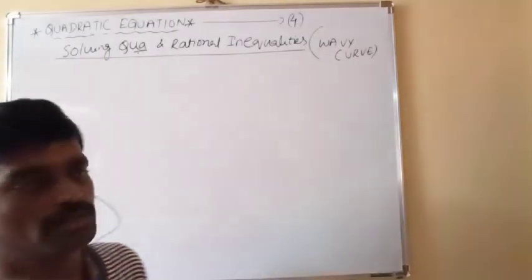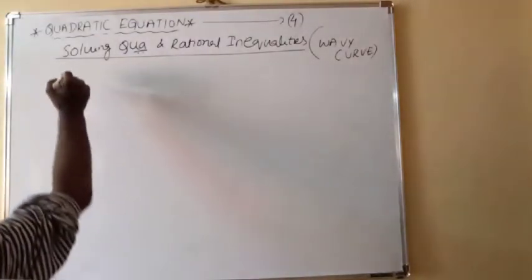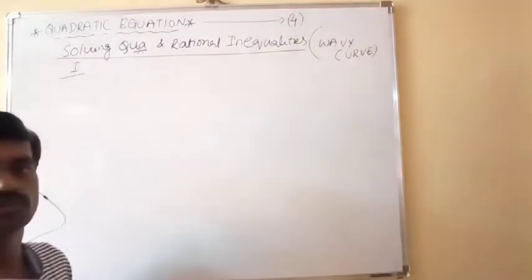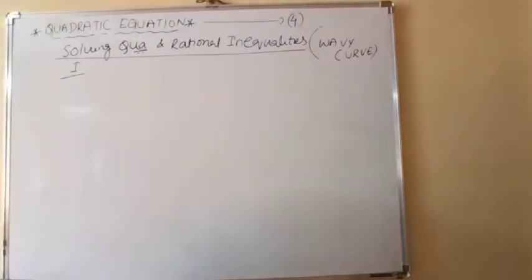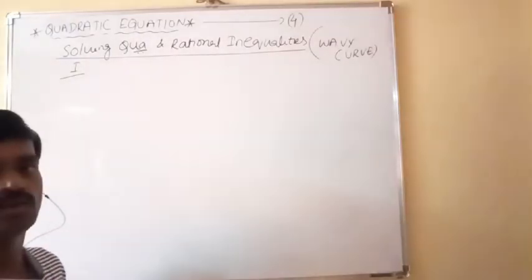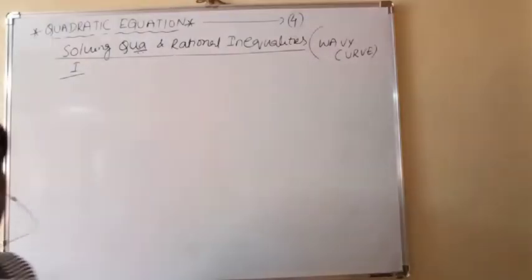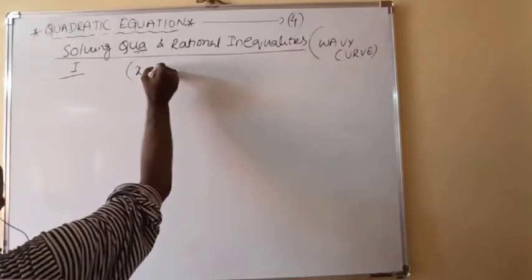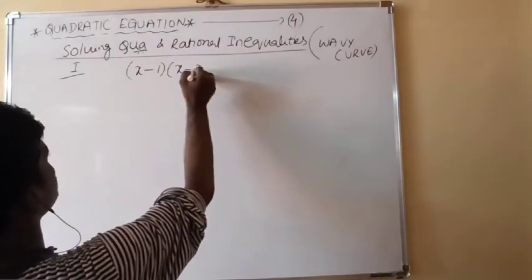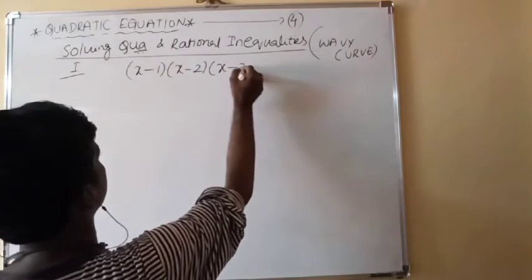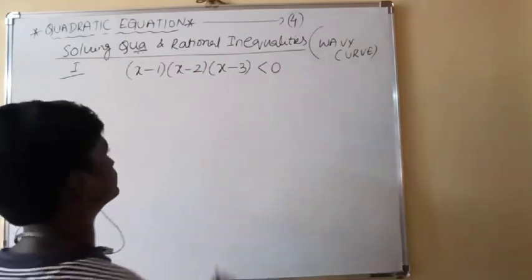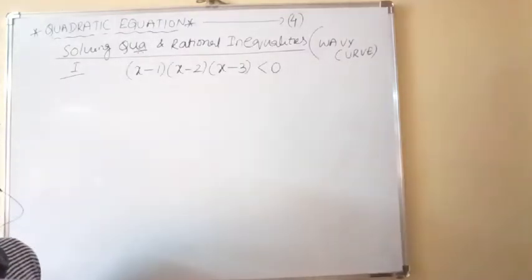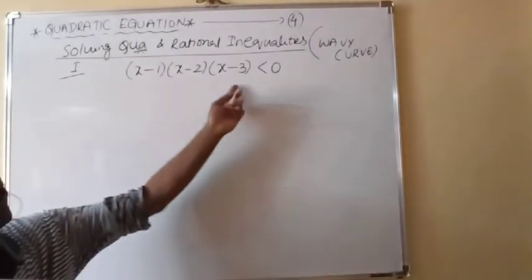There are different types. The first type of problems are those where the inequalities contain only non-repeated linear factors. Suppose you consider (x minus 1)(x minus 2)(x minus 3) less than 0. How to solve this inequality? First you factorize, which is already factorized.